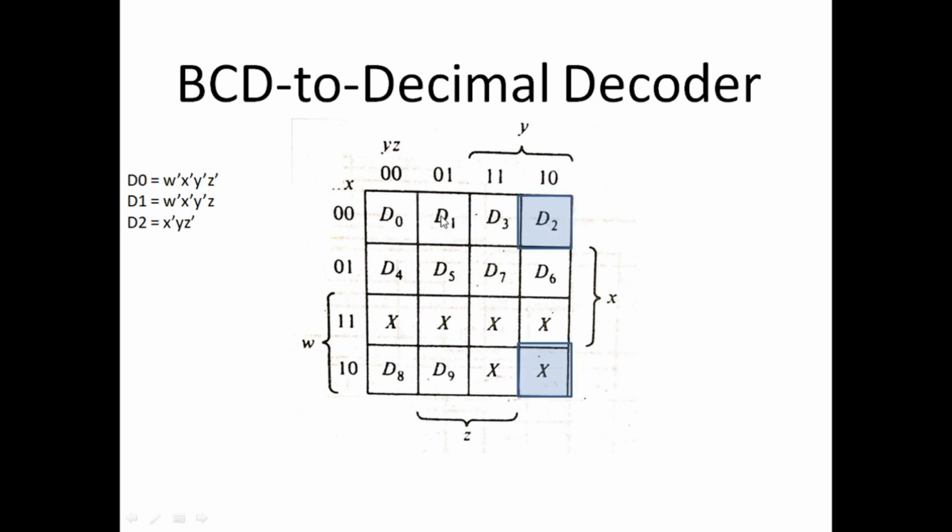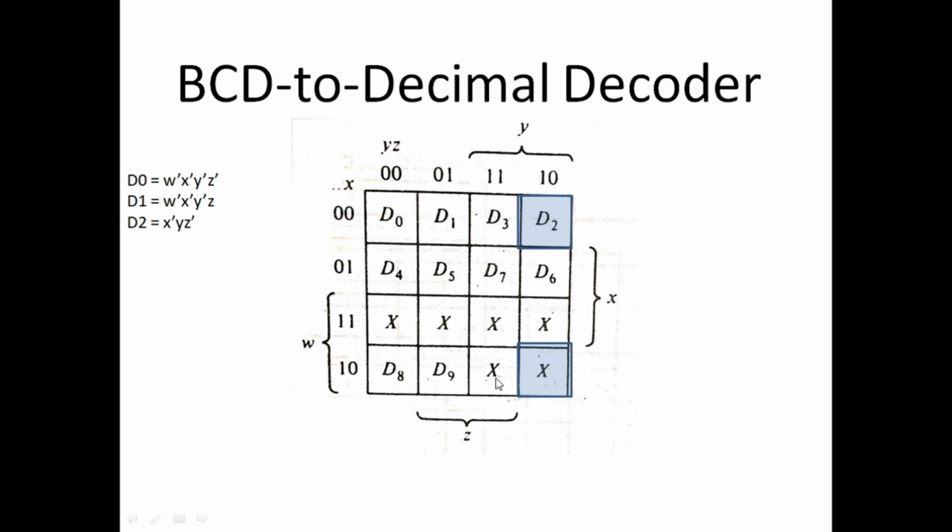Similarly, to continue with D2, in this case, this don't care square is a neighbor of D2 because we are considering 4 variable maps. So when we roll our 4 variable map across this line, then this square is a neighbor of this square. So we can consider don't care squares as 1 to result in simplified Boolean equations.